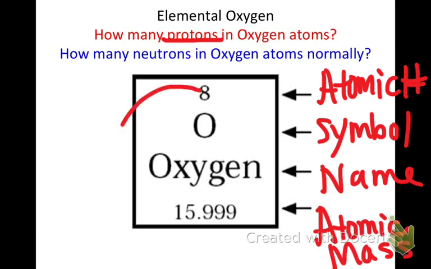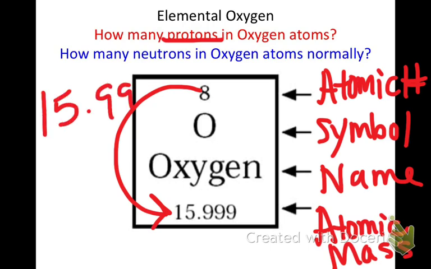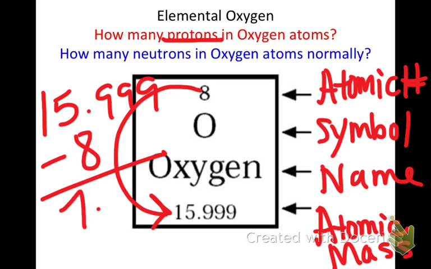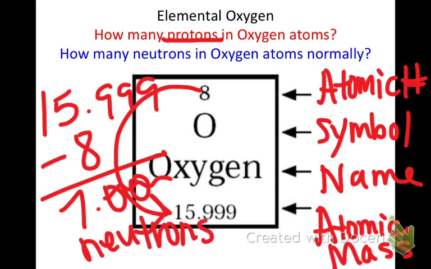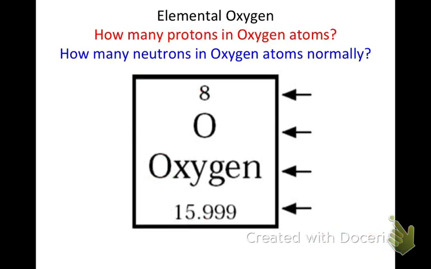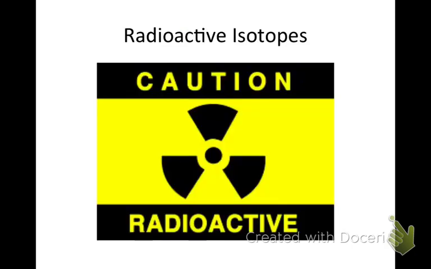So if I wanted to find out, I have my protons. All I'd have to do is take my atomic mass minus my protons, and I would get about so many neutrons. I don't have my calculator with me, but just showing you. Atomic mass minus protons gives you your neutrons. We're going to do that as math tomorrow.